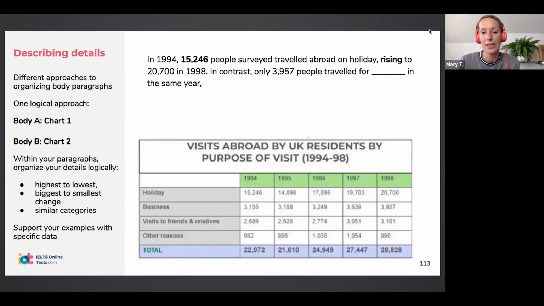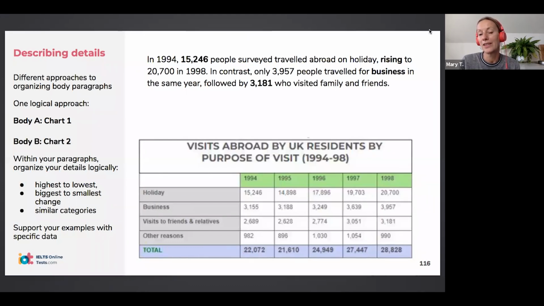And then you need to include a linking phrase such as in contrast. So you're giving conflicting information. So in contrast, only 3,957 people traveled for what? Business, that's right. So for business in the same year, followed by something who visited family and friends.